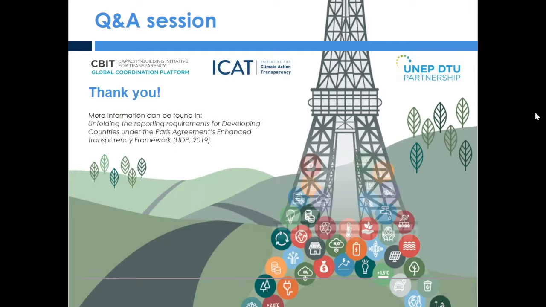I should also emphasize that we collaborate with the CBIT initiative. But when I was speaking about methodologies that ICAT has produced, we did prepare those also with support and collaboration from other intergovernmental organizations, for example the International Renewable Energy Agency on the renewable side, or FAO, Food and Agriculture Organization, on the agriculture work.